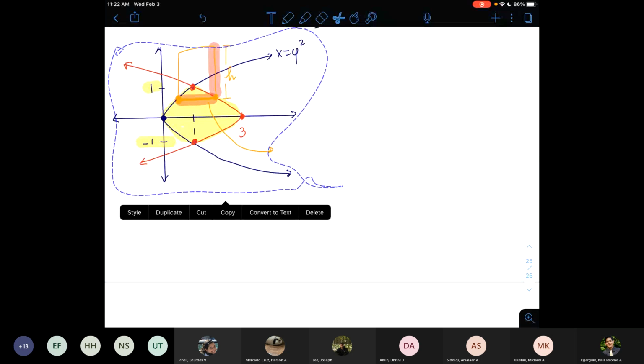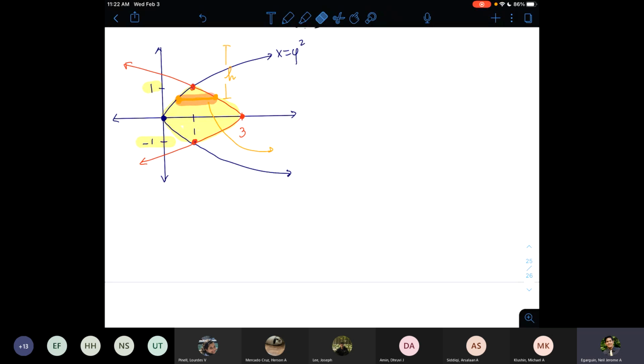Okay. So if your cross sections are perpendicular to the x-axis, then the cross sections will look like this. So you will have vertical strips, right? Yes, you'll use vertical strips, but I guess you're right, Joseph.